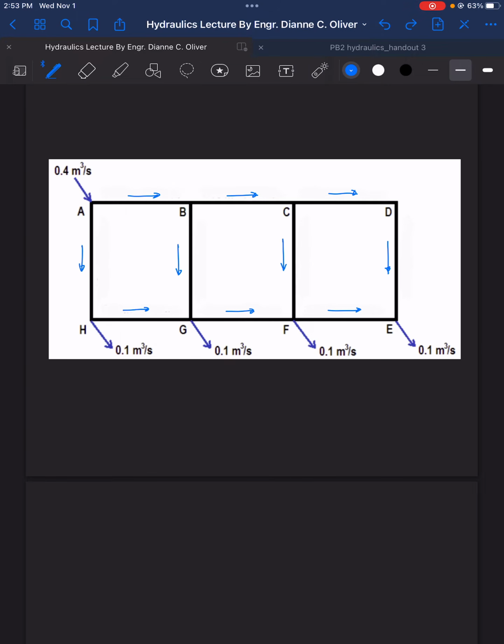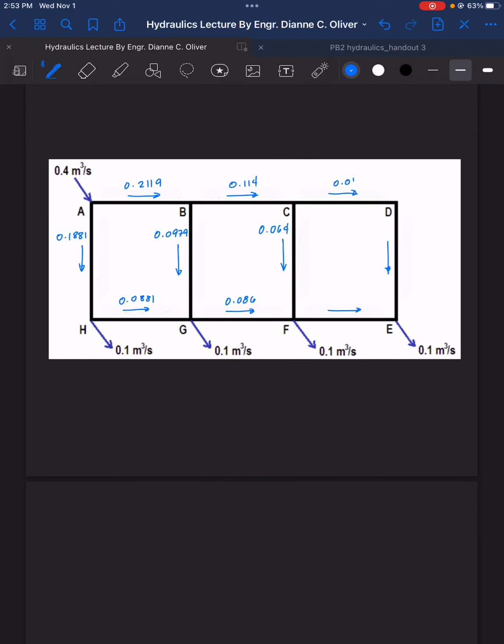So the value for AB is 0.2119. So this one here is 0.1881, 0.1881. This is 0.0979, 0.0881. Then for BC, that is 0.114. For CF, that is 0.064. FG is 0.086.